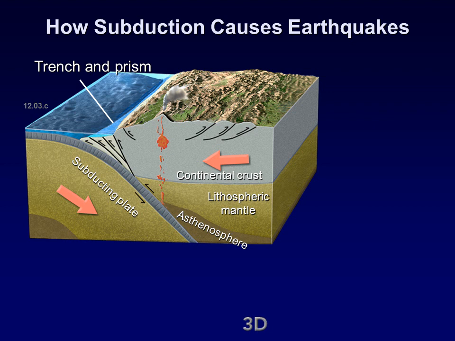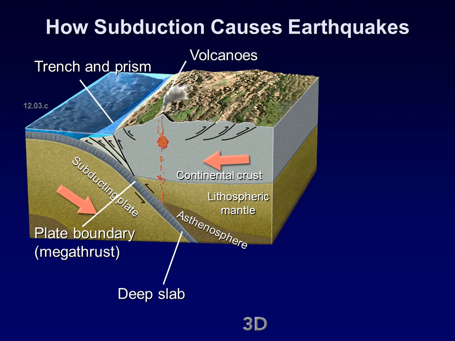So where the oceanic plate bends into the trench, we're producing earthquakes. Thrust faults in the accretionary prism produce earthquakes as well. The largest earthquakes are produced along the megathrust boundary. So that's where the overriding plate is thrusting up over the subducting plate.